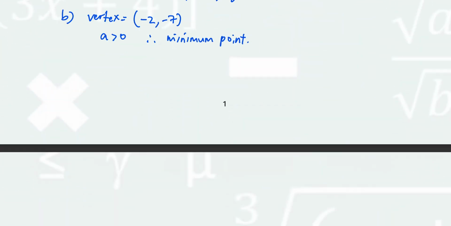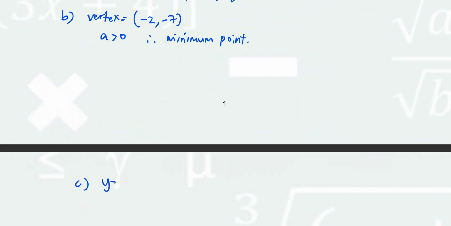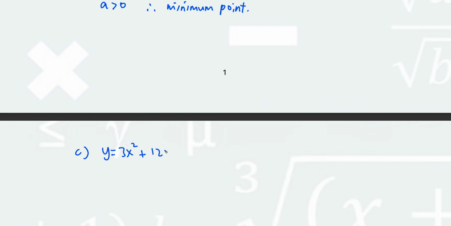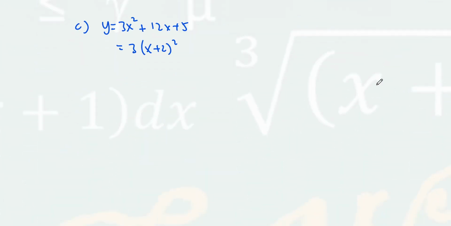Okay, now for the part C, my y equals to 3x squared plus 12x plus 5. Okay, this is same as 3 bracket x plus 2 square minus 7. Okay, so when you need to sketch a graph, right?